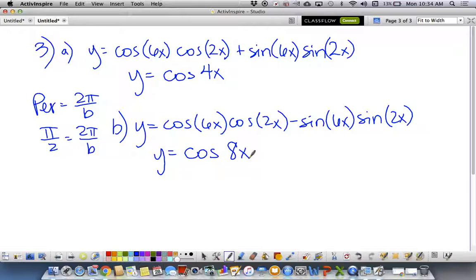Go ahead and do 4. If you have an idea, like there's a connection, jot it down, but then try to find the equation. So number 4, on letter A, when you have y equals cosine 3x, cosine 2x, that's a 2.